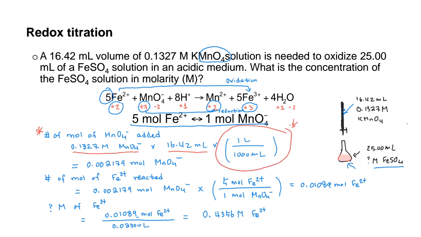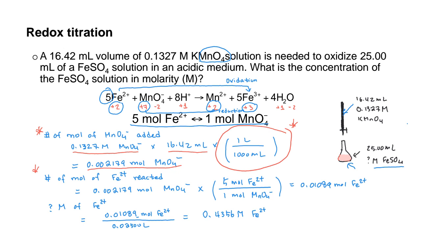That's why we need this conversion factor. Then you get the number of moles of permanganate, which was 0.002179 mole.